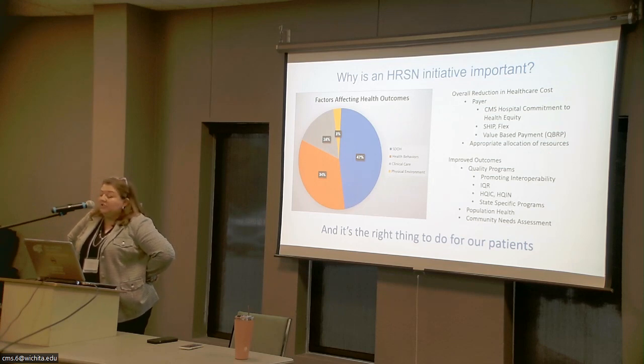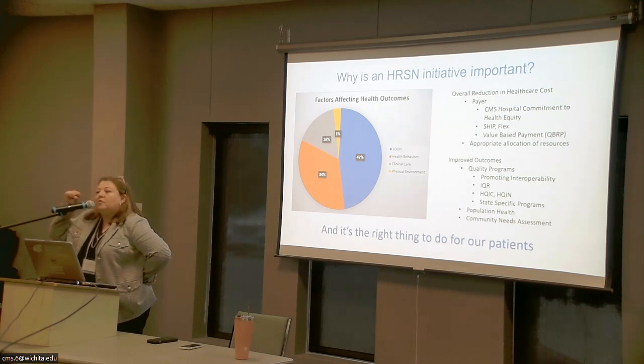There are multiple reasons here why it's important, not just from this is the right thing to do for our patients, but other reasons that it's important to have a robust health-related social needs program is an overall reduction in healthcare costs. I don't know about you guys, but when I was the CNO at my small community hospital, our operating margins were like paper thin.